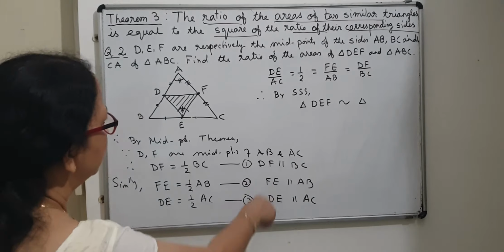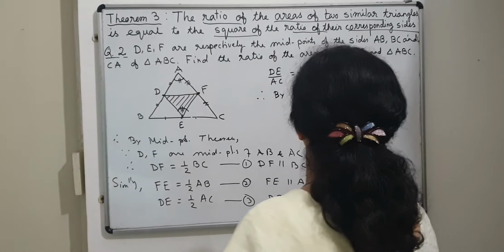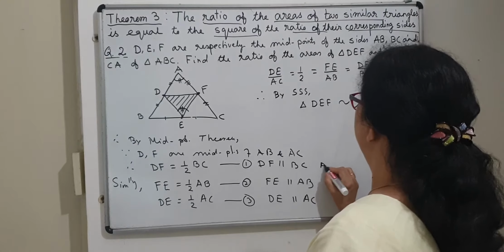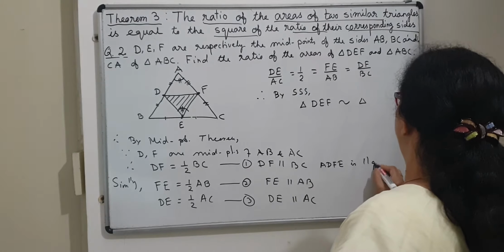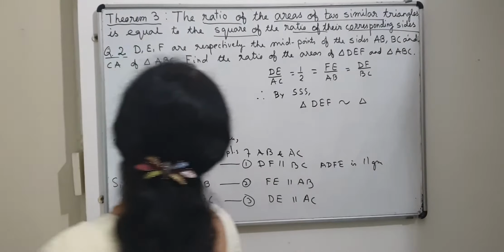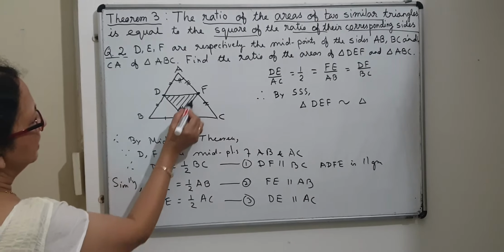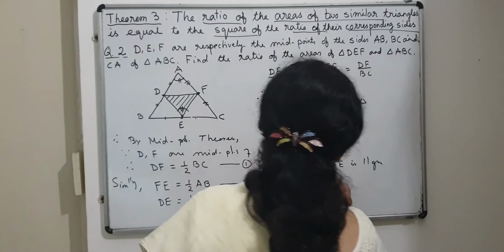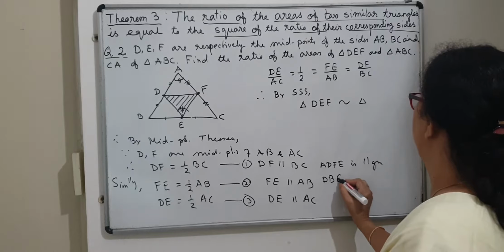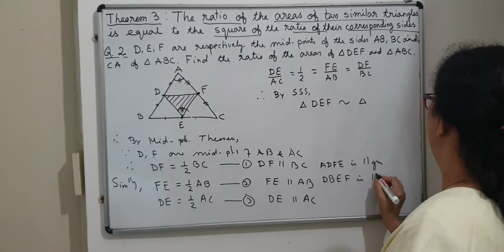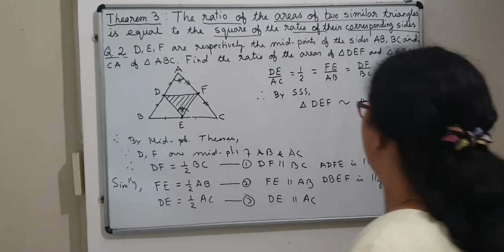So from this, ADFE is a parallelogram. Similarly, DBEF is also a parallelogram. Because of what?